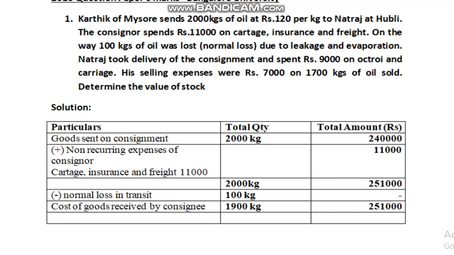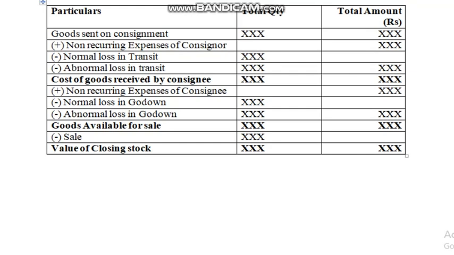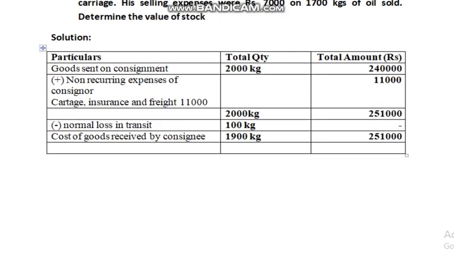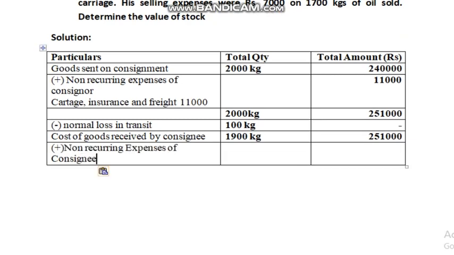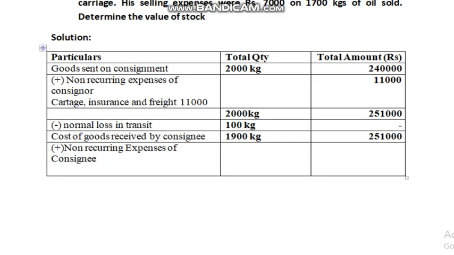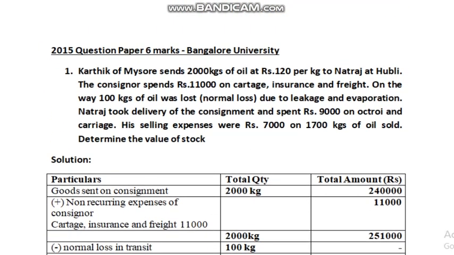Now add non-recurring expenses of consignee. In this problem, the non-recurring expenses of consignee is rupees 9,000.